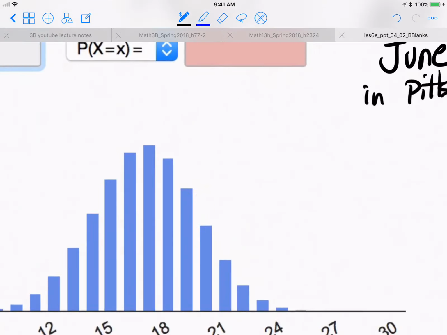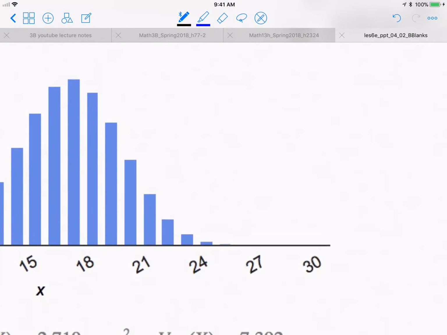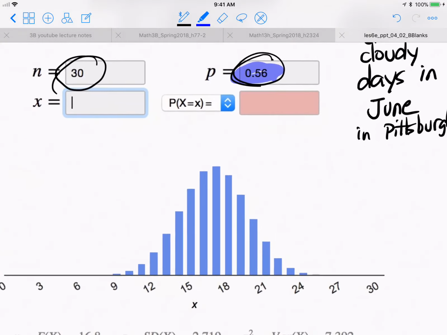And on the other hand, what's the probability that all 30 days are going to be cloudy? Very unlikely. Why? Because typically 56% of the days are cloudy in Pittsburgh. So what's the likelihood that you're going to have 30 cloudy days in a row? So small it's close to 0.